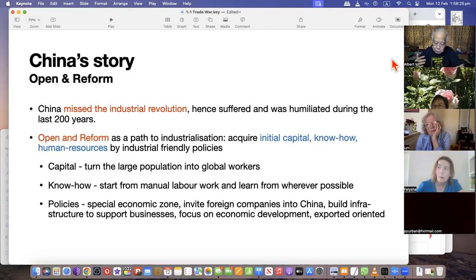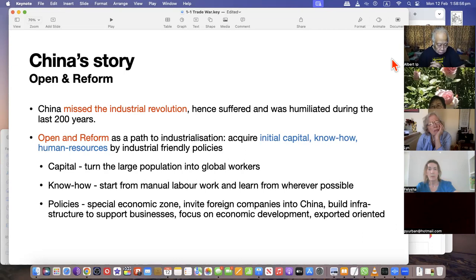So the way of getting the know-how is both by sending students out to learn, as well as paying and buying patents. China has spent a lot of money buying a lot of patents. Almost everything, if they can buy the patent, they will buy the patent instead of reinventing, because that is the cheapest way to actually get access to certain technology.